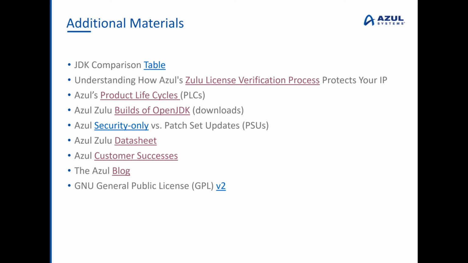Perfect. As we wait, in the slide deck that will go out, I've added some links to additional materials that should be helpful. There is a similar JDK comparison table on our website for people that want to dive deeper. We have published our product life cycles for the Azul distributions. There's information about security-only binaries versus patch set.